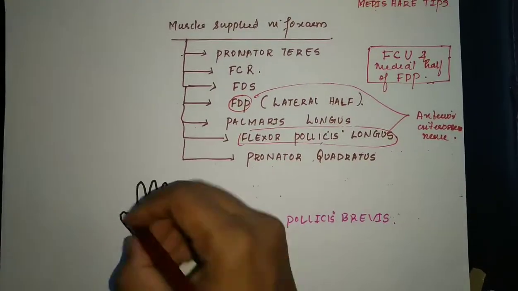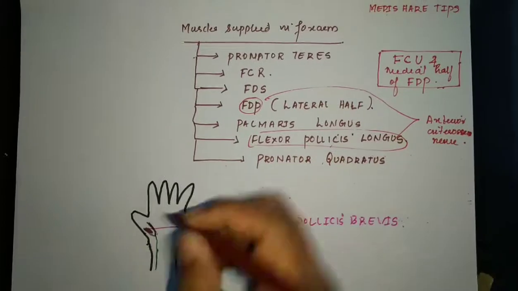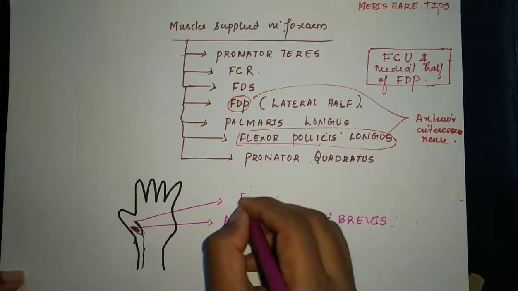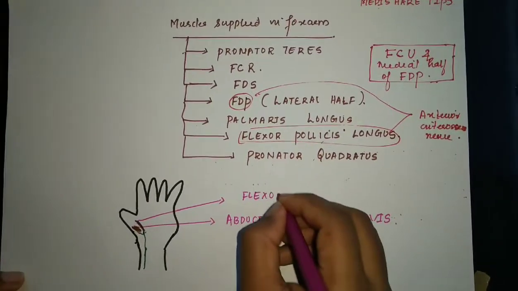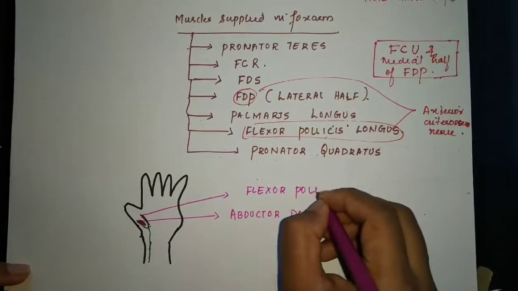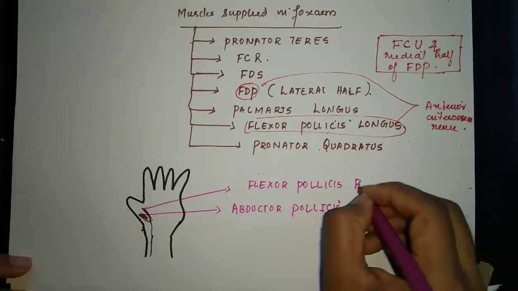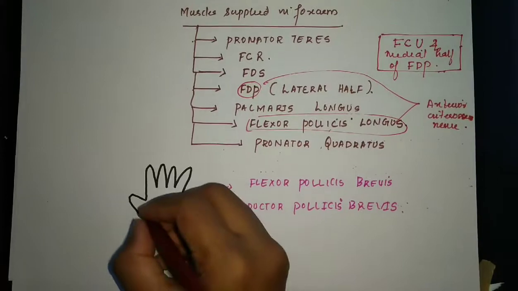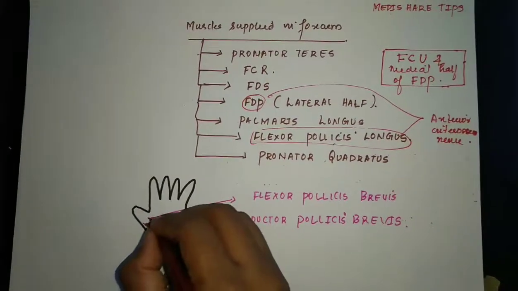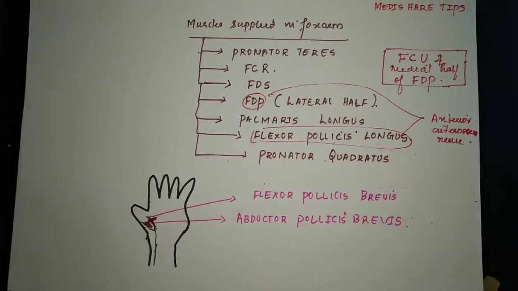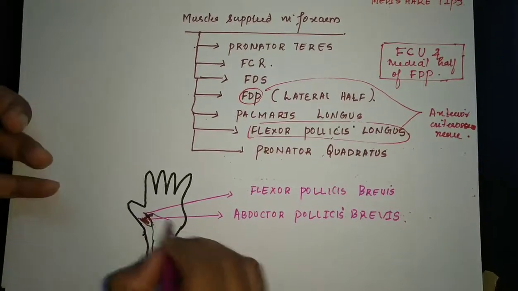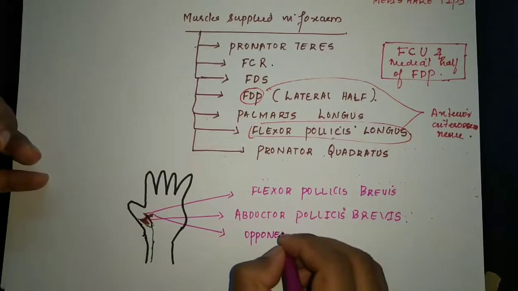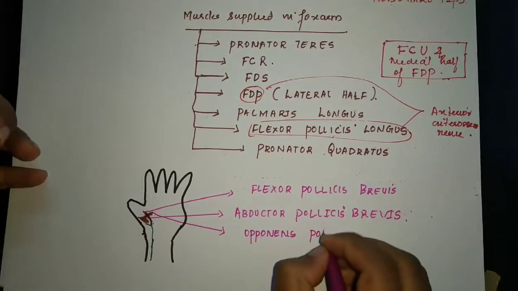And the muscle which is flexing the thumb, that is the flexor pollicis brevis. Another muscle is the opponens pollicis.